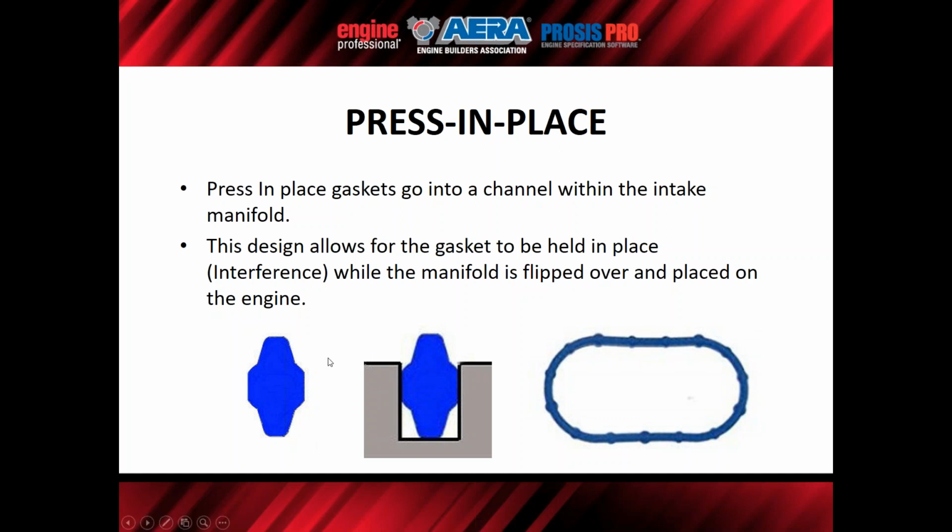But since the manifold, or the cylinder head, hits this section of the manifold, it acts like a load stop. So now you can't over-compress the rubber. Over-compressing the rubber will cause it to rupture and split. You can only compress rubber so much before internally it breaks apart. So as this flange comes down, hits that, and bottoms out, you've got the perfect amount of load designed for the seal.